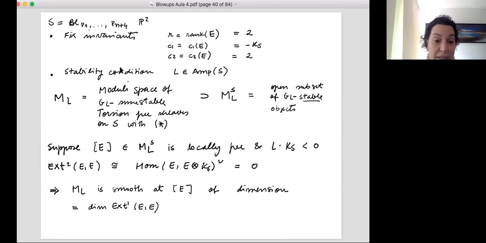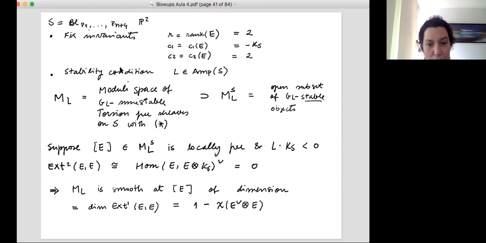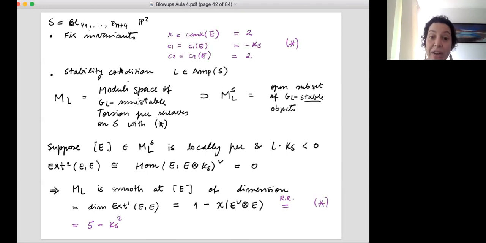And now this can be computed using Riemann-Roch. As I said before, Ext^0 is 1, because we are in the case of a stable bundle, and Ext^2, as we saw before, is 0. So the dimension of Ext^1 is 1 minus the Euler characteristic. And that Euler characteristic you can compute using Riemann-Roch, and here's where you use those magical numerical invariants.